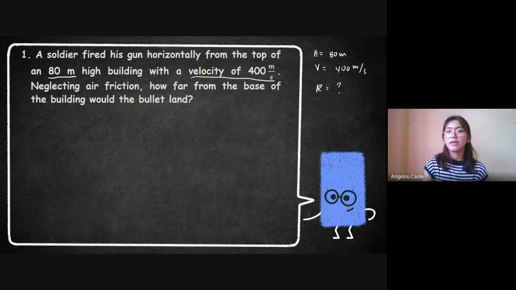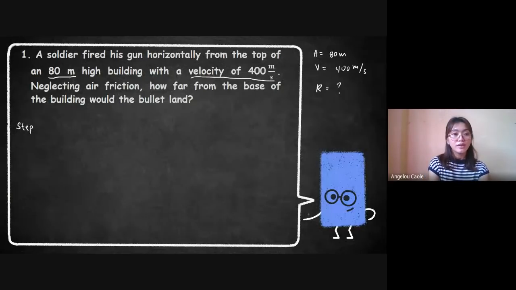Okay, so it's just easy because our first two problems a while back are also finding for the value of range. Therefore, we are now familiar that in order for us to get the value of range, we should find first the value of time using this equation. We have h is equal to 1/2 gt squared.